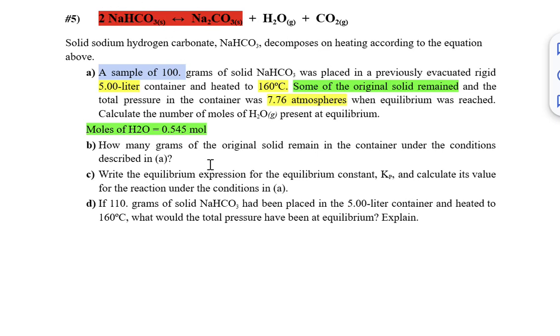Therefore, it's not necessarily talking about the conditions in the container while still at equilibrium. Here, if it's directly asking about the solid, this is when we can look back at the equation. We see here that for every 1 mole of H2O, we have 2 moles of NaHCO3, which is the solid that it is asking about.